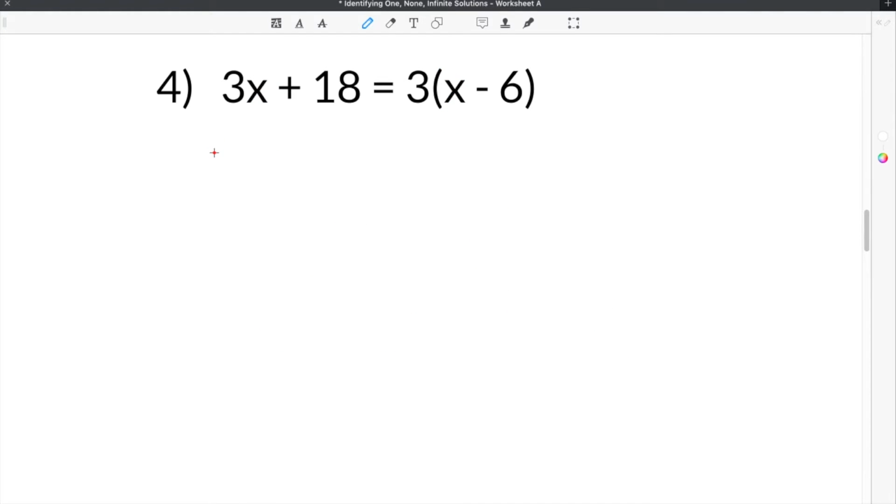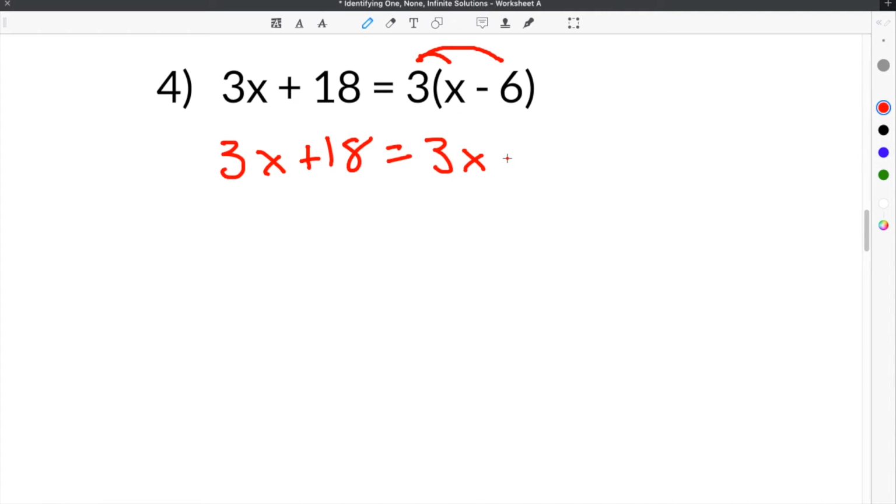The last problem we're going to go over is number 4. Number 4 gives us the system 3x plus 18 equals 3 times the quantity x minus 6. The first step in this equation is to distribute the 3 to both the x and the negative 6. When we do this, we will multiply 3 times x, which is 3x, and then 3 times negative 6, which is negative 18.